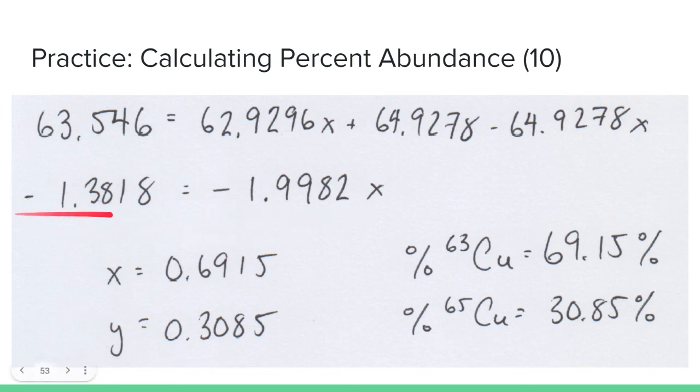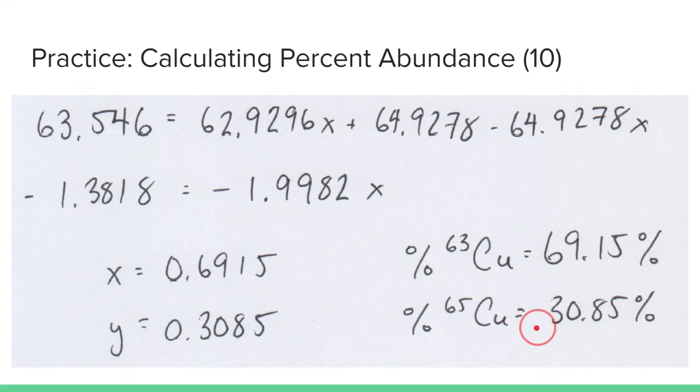If I divide both sides by this negative coefficient of x, I get that x is 0.6915, which means that both numbers add together to give me the number 1. This should be my decimal percent abundance for the other isotope. Moving the decimal place over 2 spots, I get 69.15% for copper 63 and 30.85% for copper 65.